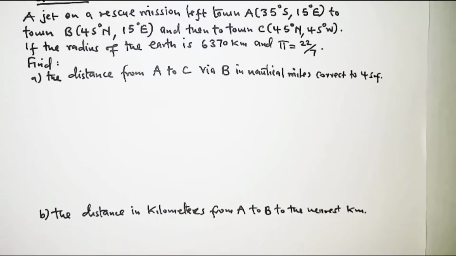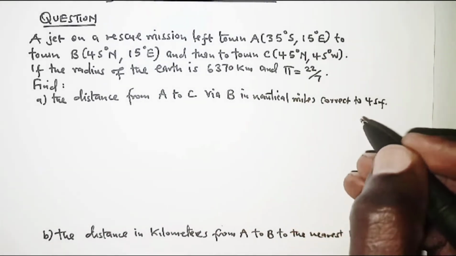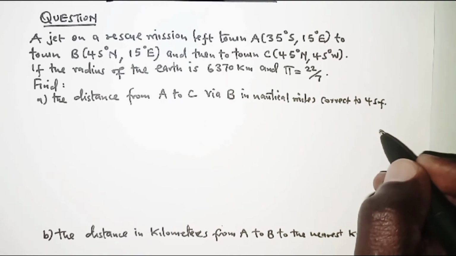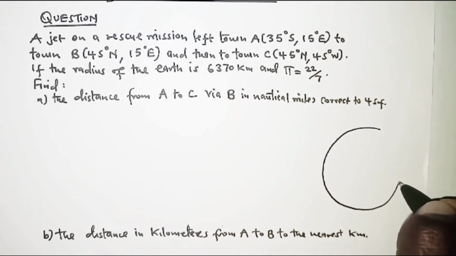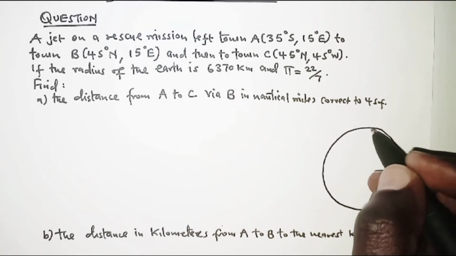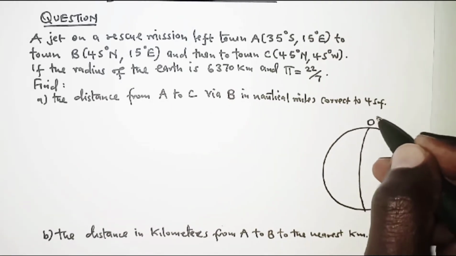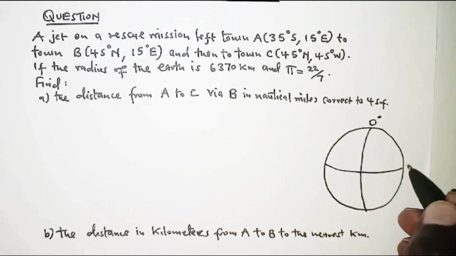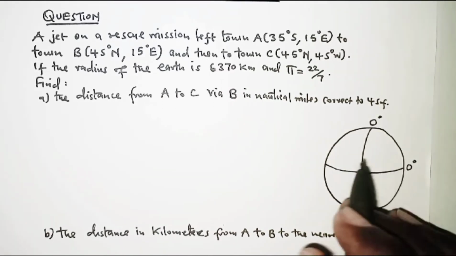So straight to part A, we will first of all locate the positions of town A, B, and C. On the globe, we have the prime meridian set at 0 degrees. We also have the equator set at 0 degrees. So these are the reference points.